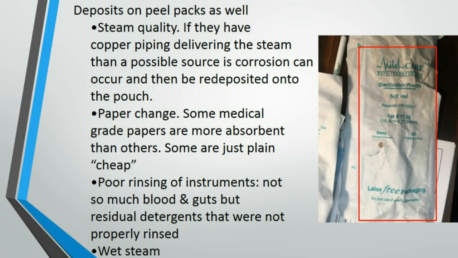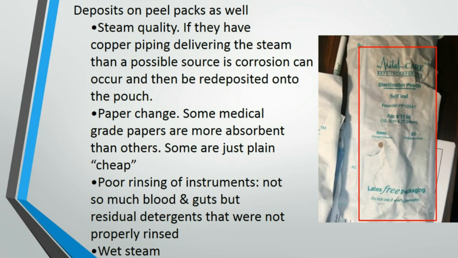If they have copper piping delivering the steam, corrosion could be a possible source, and it can occur and then redeposit onto the pouch as it comes through the line. Some medical grade papers are more absorbent than others, so some hang on to deposits more if the quality is not the greatest.